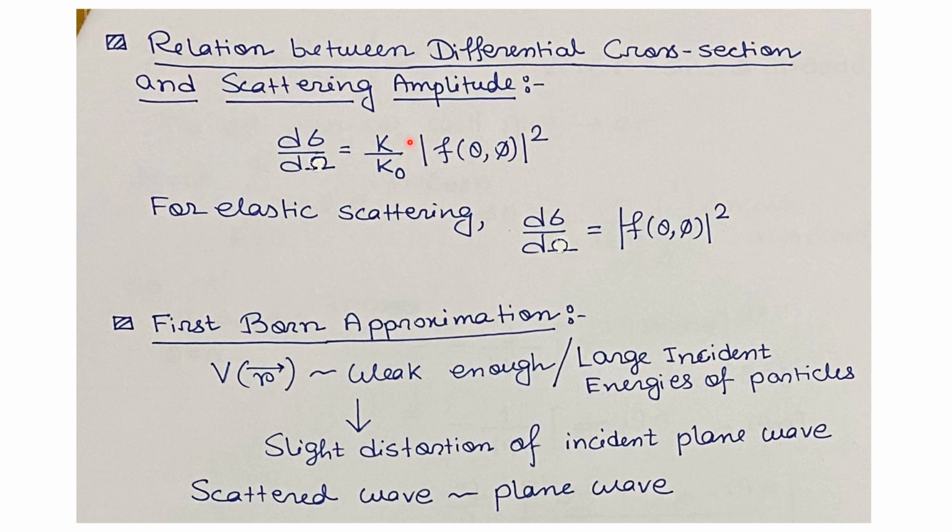Here k is the magnitude of the scattered wave vector and k naught is the magnitude of the incoming or incident wave vector. Now for the case of elastic scattering, where momentum and energy conservation holds, k will be equal to k naught. So for elastic scattering, d sigma d omega equals mod square of the scattering amplitude f as a function of theta, phi.